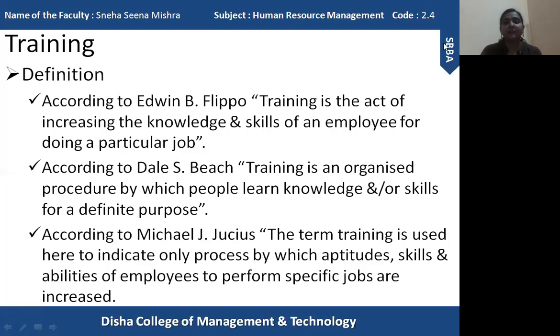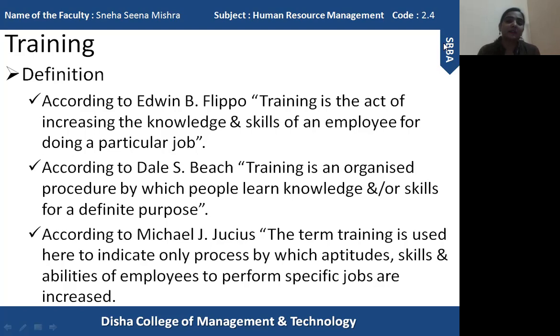So Edwin B. Flippo has specifically said that training is all about increasing the knowledge and skills, and this increase of knowledge and skills must be related to a particular job. So every employee is trained, is imparted with a high level of knowledge regarding the job skills that are necessary to do a particular job only.